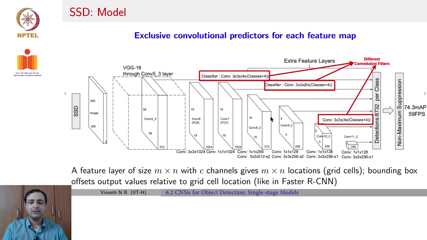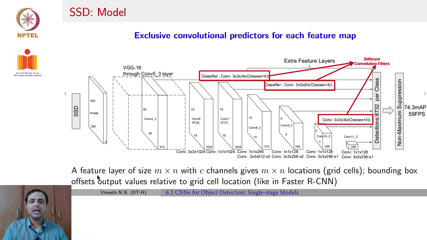Then we also see that for each of these convolutional layers, there is a different set of convolutional filters that connect it to the output layer. So this initial layer here goes through a 3x3x(classes plus 4) filter. That's the size of the convolutional filters that you have, which gives the corresponding output in the output layer, and so on and so forth for each of these intermediate convolutional layers.